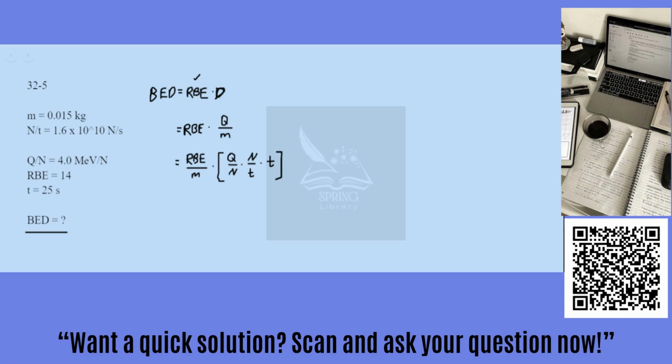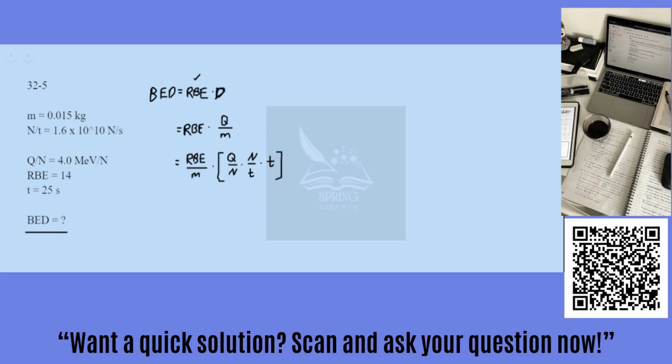If you look at this term here, not that I will do this, just to double check my own work, the N's would cancel out, the T's would cancel out, and we see that this whole term in brackets is equivalent to Q. So this equation in brackets is a good substitution for Q. And we note Q over N, N over T, and T are all known to us. So from this, we can calculate our BED.